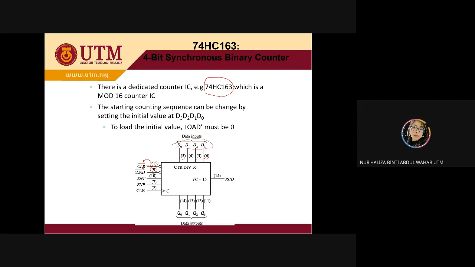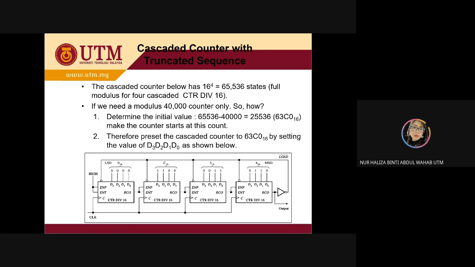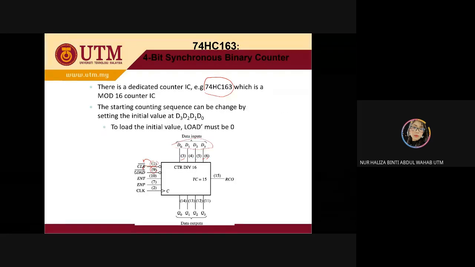And for these 4-bit synchronized counters, this is basically how it looks in terms of the connections and the output and input. You can see here from LSB to MSB, this is the data input, and this is the output.